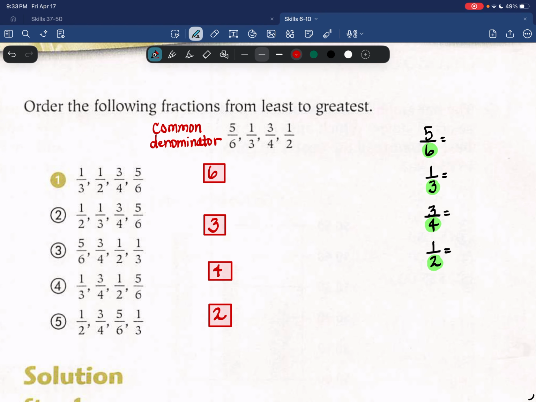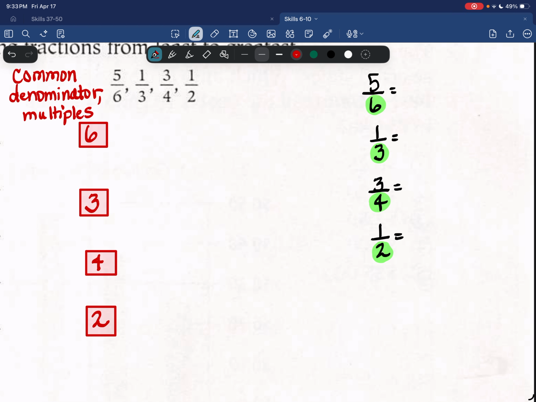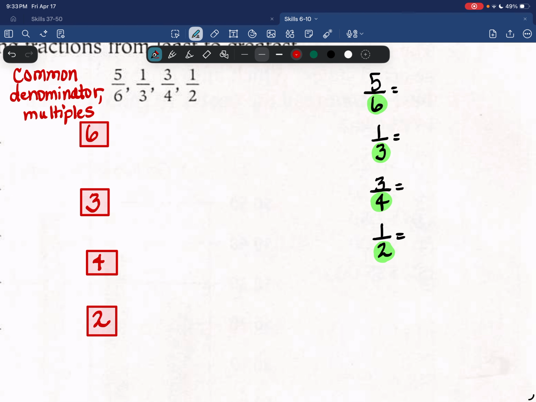And to do that, you use a concept called multiples. And I'm going to show you how it works. We'll move slowly. First thing I did, I pulled all of my denominators over here to the side, and I'm going to list the multiples of the numbers.